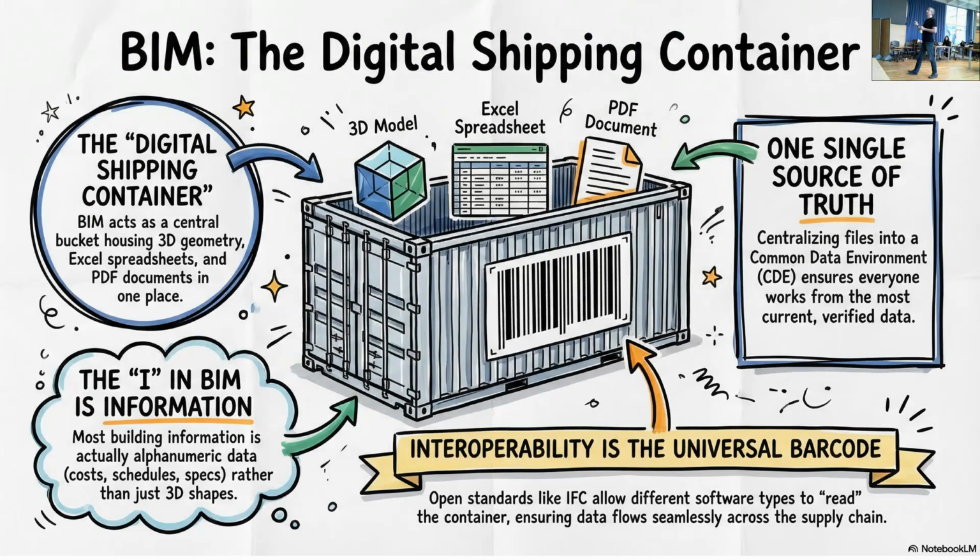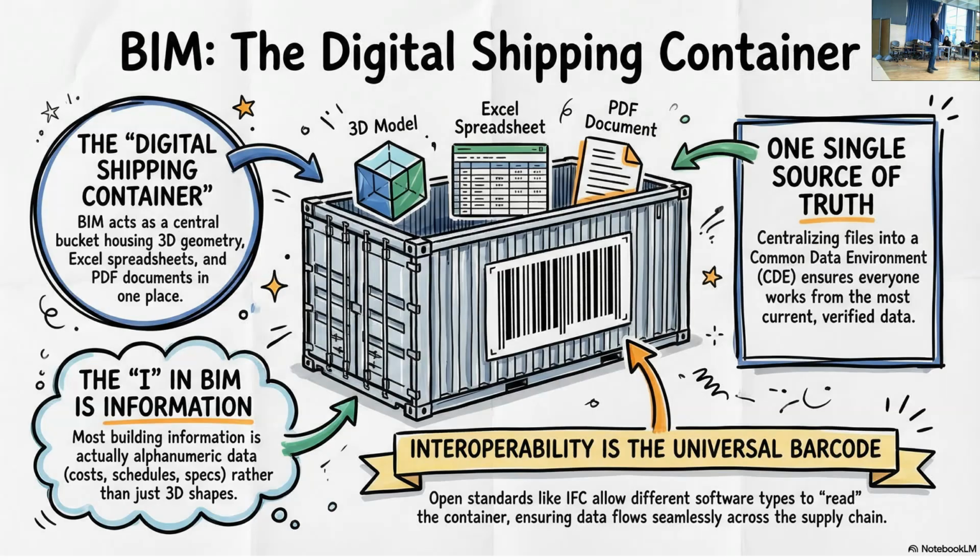Basically, it is a silo. You have a unique ID. And it can include any kind of information that you need, because we need to be able to relate these to objects in the model. So in that regard, we have ways to model. It's one single source of truth that is a digital shipping container that includes any kind of information.